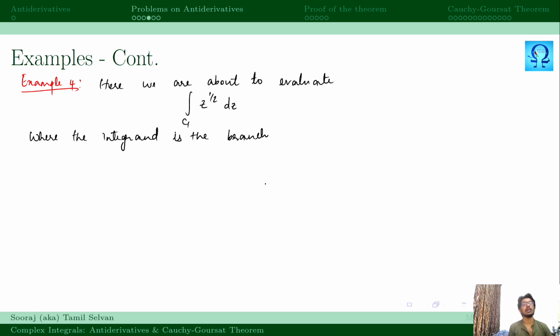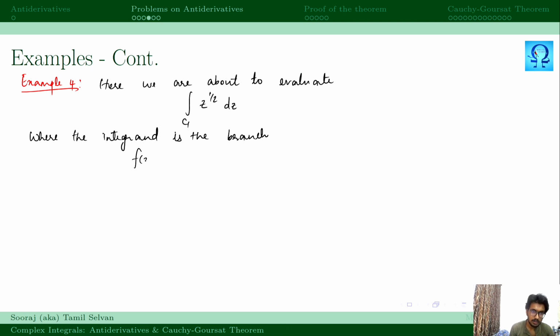Here, what do we mean by the integrand? The function which is to be integrated in the given problem is called the integrand. Okay, so here this is one of the multi-valued functions. We'll have to identify a suitable branch, and that branch has to be integrated.